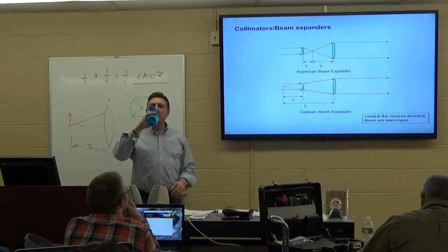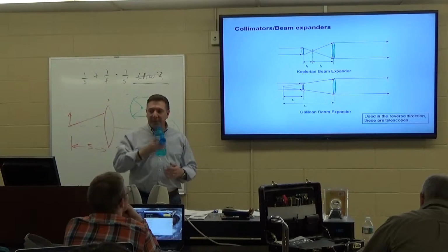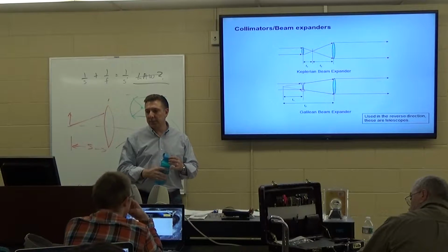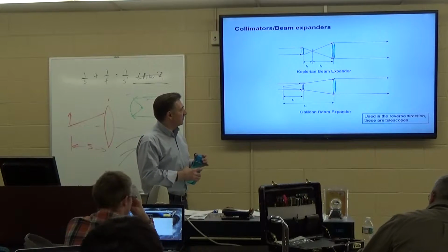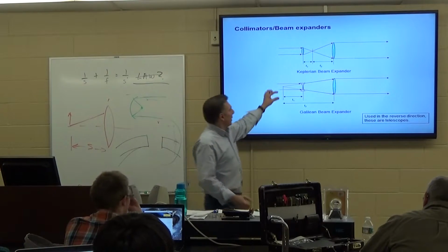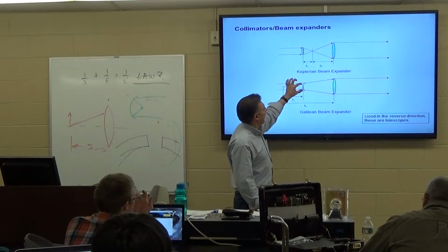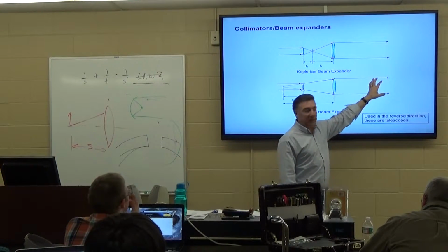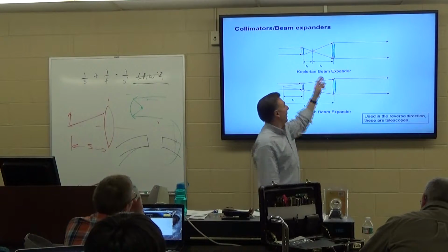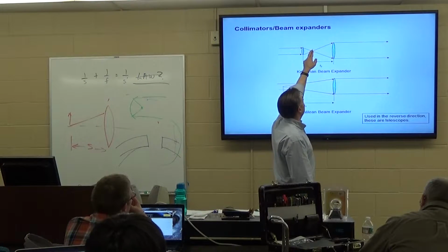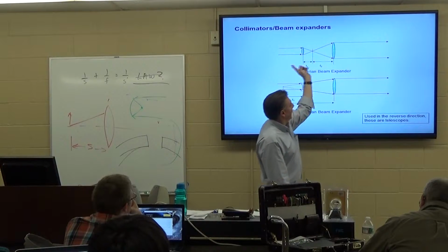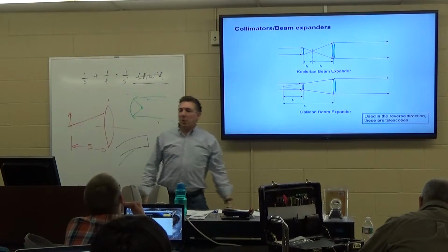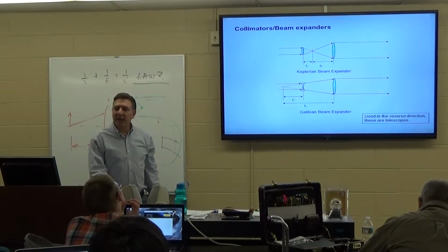Well, with the Galilean one, it looks like you're actually bringing the image back so you can focus it. The goal is you take a smaller beam, you want to spread it out, and then collect it and recollimate it, straighten it back out with a second lens. Both of these do that. This one just brings it to a focus and then diverges the beam and expands it back out. This diverges the beam right from the get-go. Which one do you think?